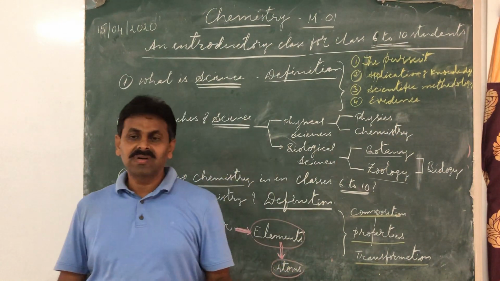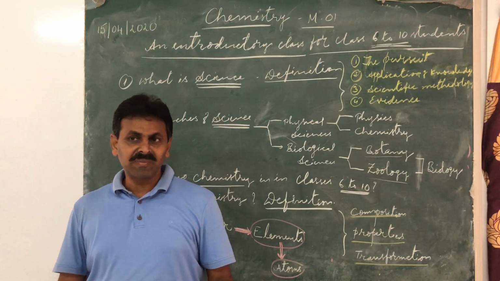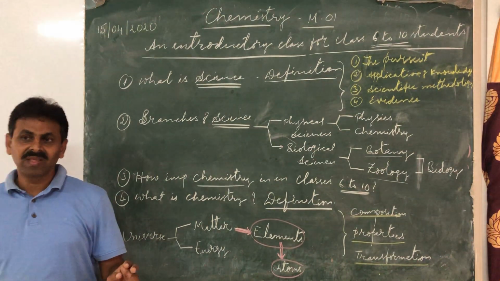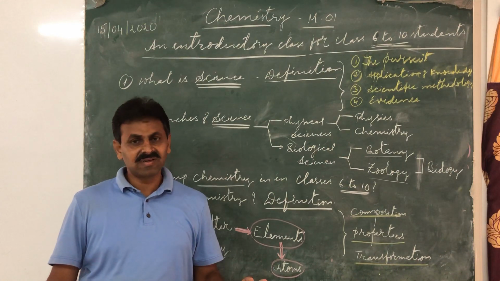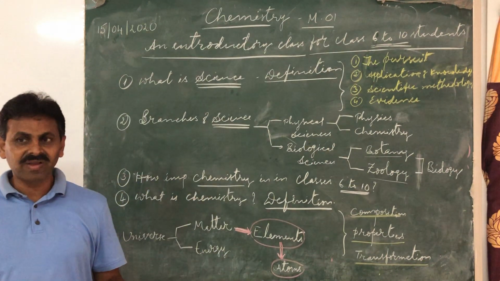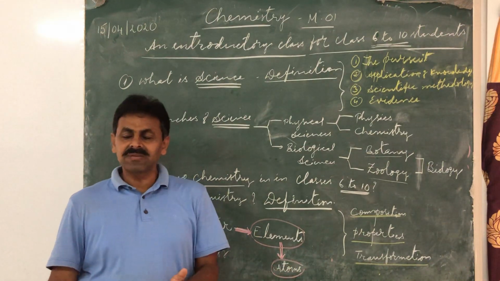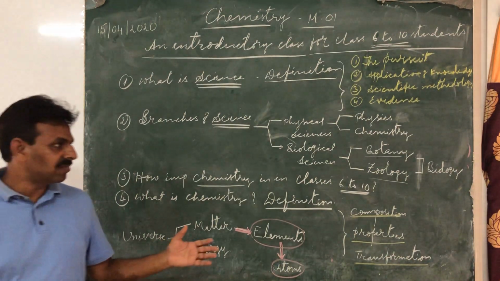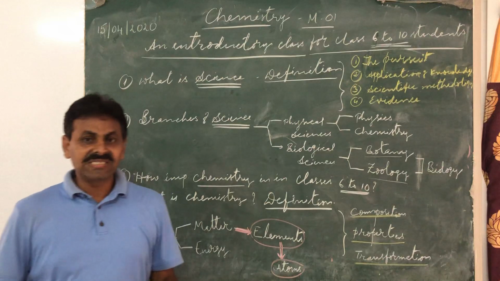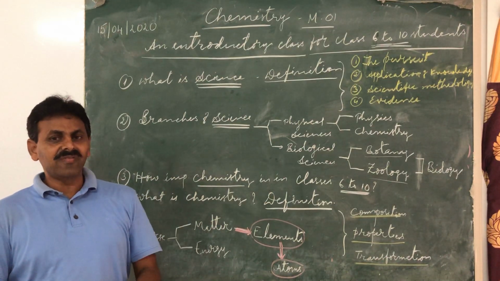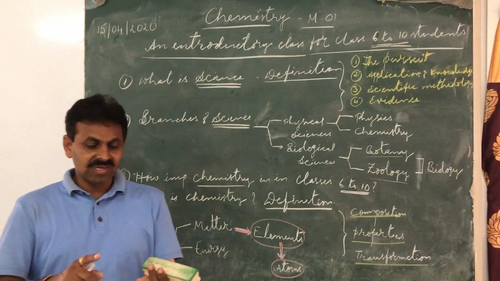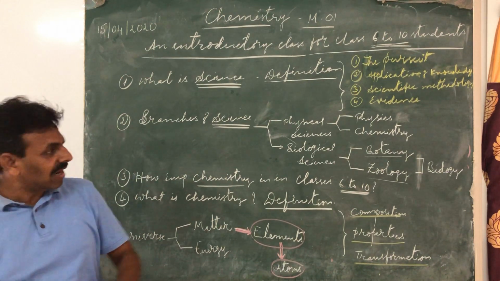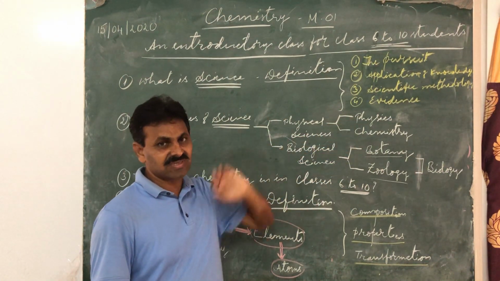If you are aiming for paramedical courses like physiotherapy, pathology, pharmacy, agricultural BSc, and we have a plain BSc also, where you will be studying biology, physics, chemistry, etc., then even for medical courses, paramedical courses, plain BSc, you will have to compulsorily study these two subjects, physics and chemistry.